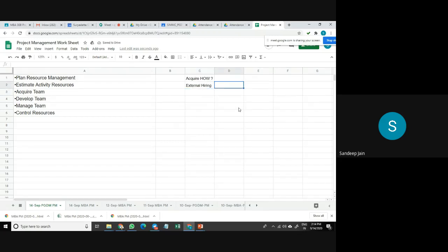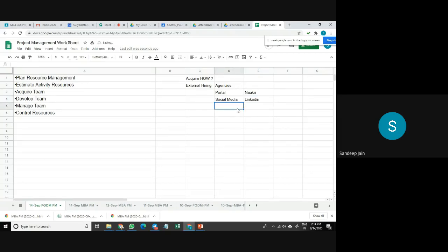External hiring can be done through agencies, which is manpower agencies, or it can be done through portals. An example of a portal is Naukri, LinkedIn. Or I would not put it as a portal, I would put it as social media. Social media is LinkedIn.